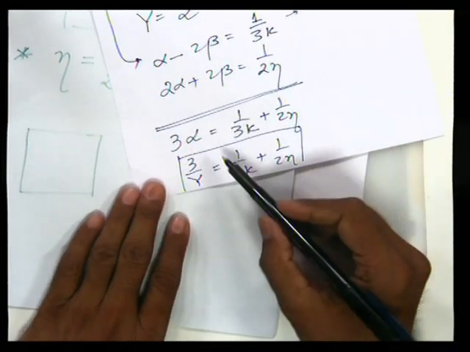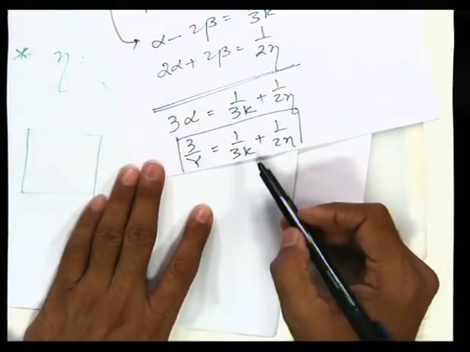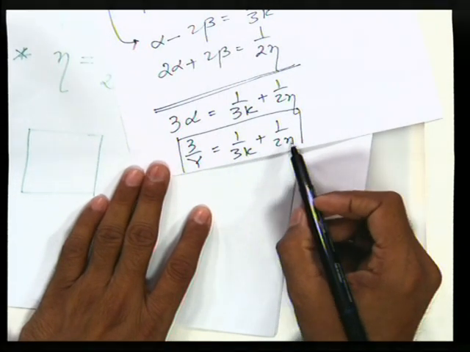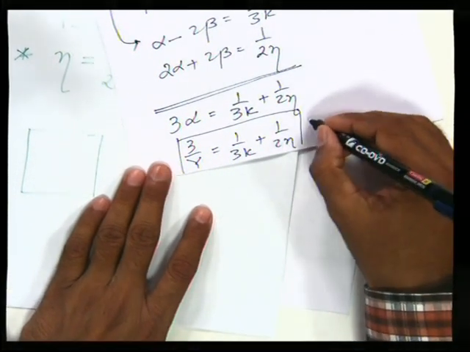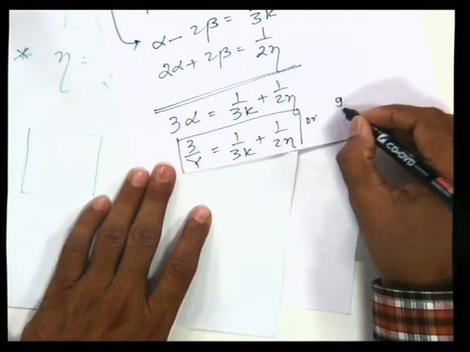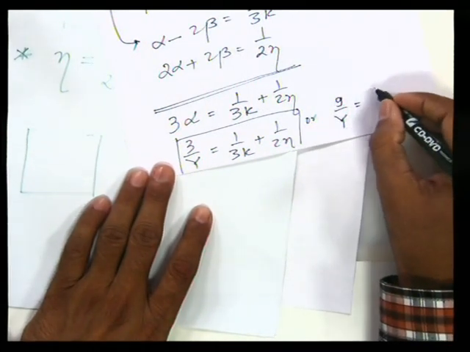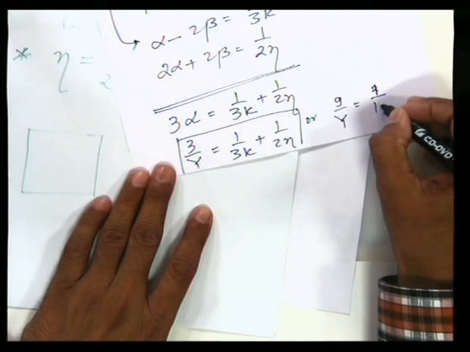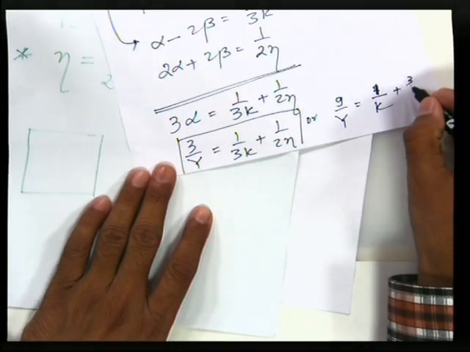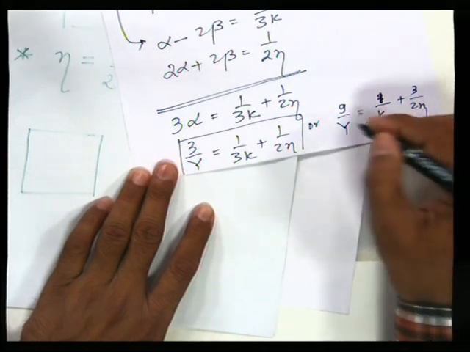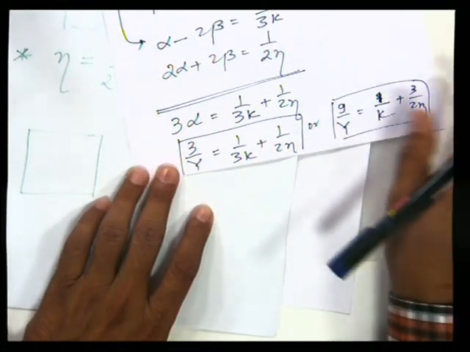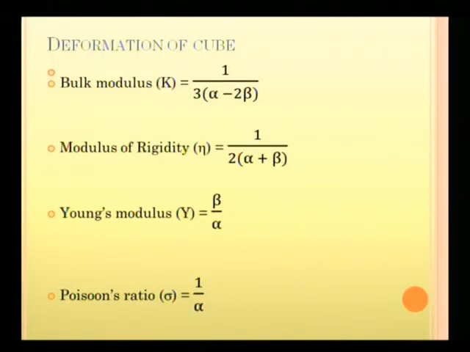This equation gives the relation between Young's modulus, bulk modulus, and modulus of rigidity. Sometimes we may write 9 by Y equal to 1 upon k plus 3 by 2 eta as another relation. So these are the different equations which give the relation between k, Y and eta.